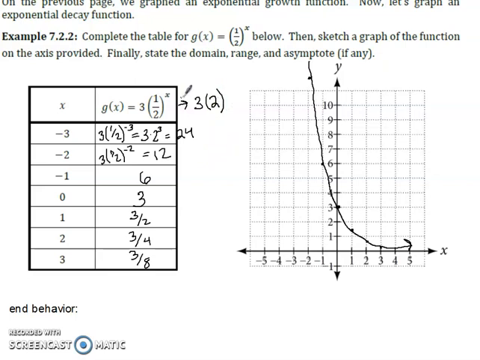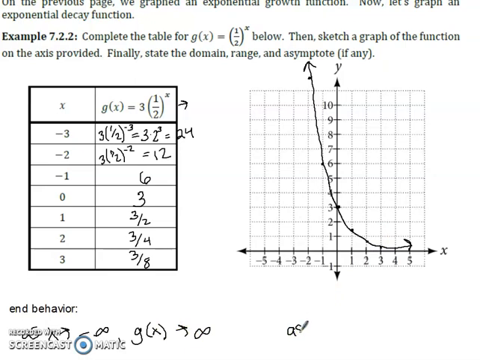So if I have negative 10, what I actually have is 2 to the positive 10th power, which is a fairly large number. As my x decreases to negative 100, I then have 2 to the 100th power, which is very, very large. That x value can be as negative as we want. There aren't going to be any problems. So in this case, as x approaches negative infinity, my g of x graph is going to approach positive infinity.